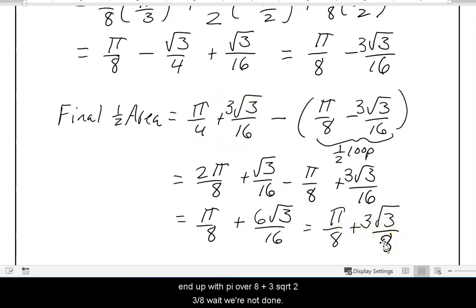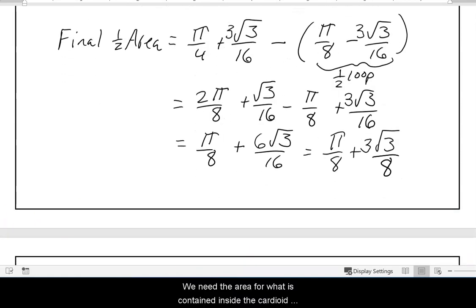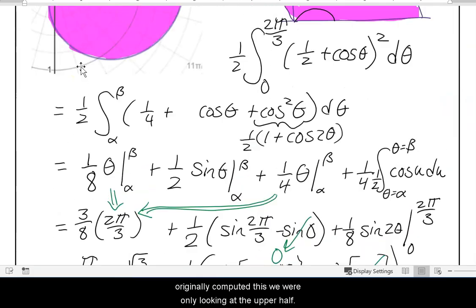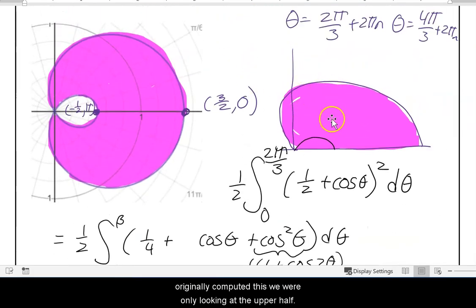But wait, we're not done. This is not the final answer. We need the area for what is contained inside the cardioid, but not inside the inner loop. That final area that does not include the loop is going to be double what we've got, since when we originally computed this, we were only looking at the upper half.